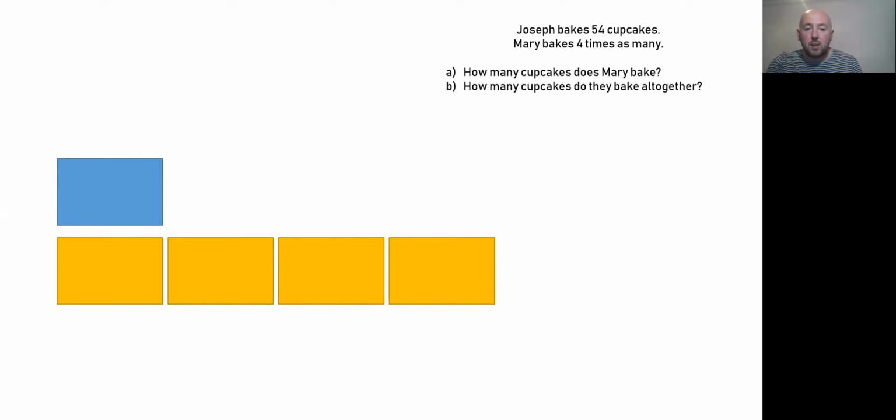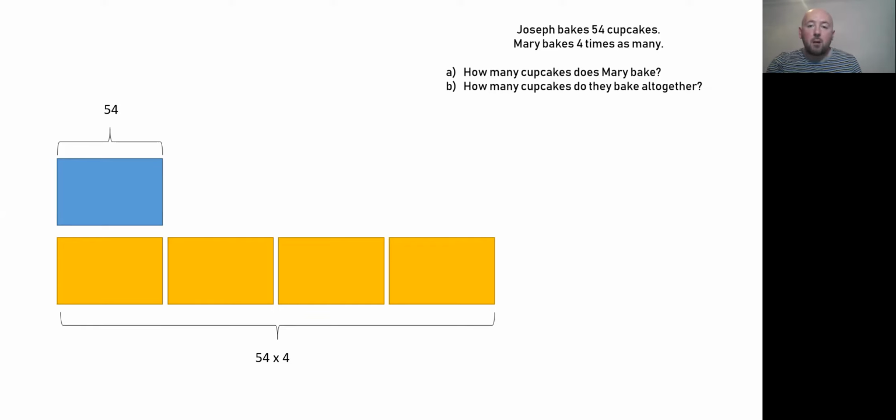And so by using these equal parts, we are showing the relationship between the different values that we're aware of. Okay, so we know that Joseph has 54 cupcakes. And so that means that Mary must have 54 times 4. You can see there's 54 plus 54 plus 54 plus 54. Okay? And so we can work out how many Mary has made simply by multiplying 54 by 4.